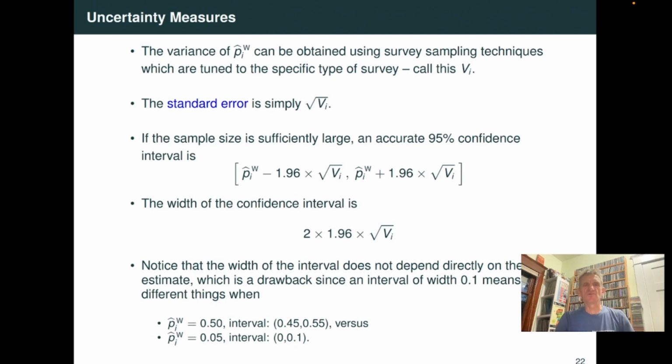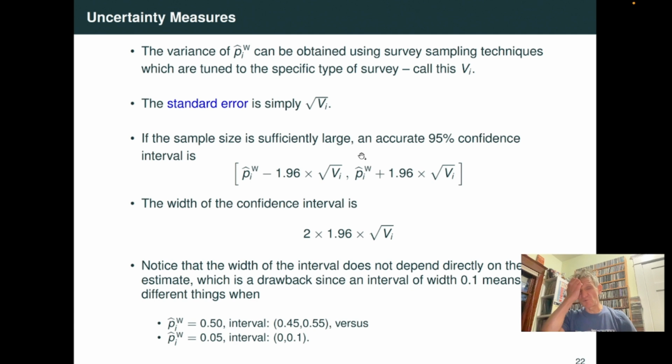As I mentioned, we obtain our weighted estimate, pi hat w, the weighted prevalence estimate from the survey data, and then using other survey sampling techniques, again based on the weights, we can come up with a variation associated with that estimator. The standard error is simply the square root of that variation.